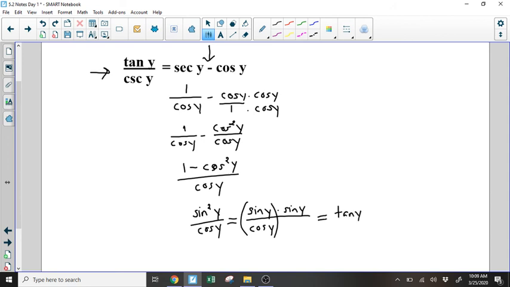And then the last sine of y we have right here, because it's in the numerator, if I were to slide it to the denominator, I can write it as its reciprocal, which is what we're seeing up there. So I can slide that sine down to the bottom and make it a cosecant. And now we match the original, and we have proved that those two expressions are equivalent.